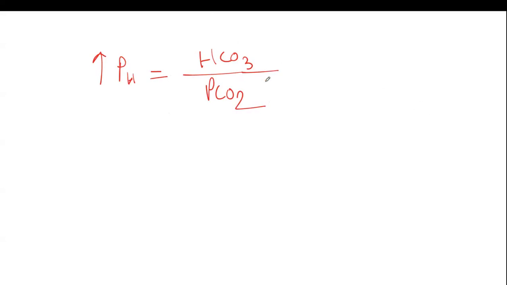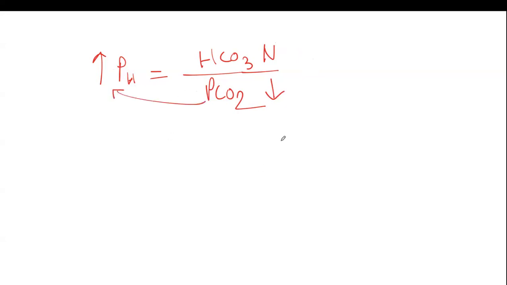So we found that the patient has low PCO2 and let's say normal bicarbonate. Now this is easy because we already know that PCO2 is the culprit causing the high pH. So that means it is respiratory alkalosis.